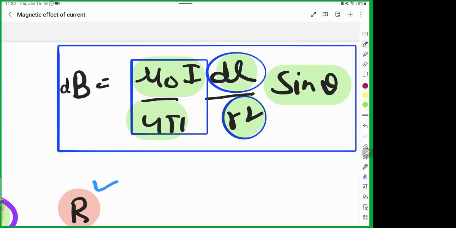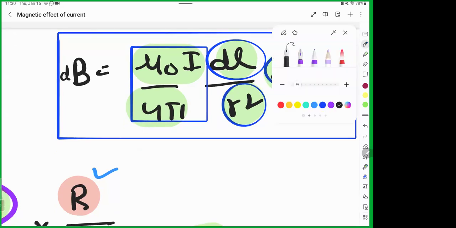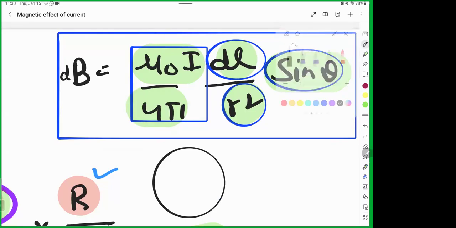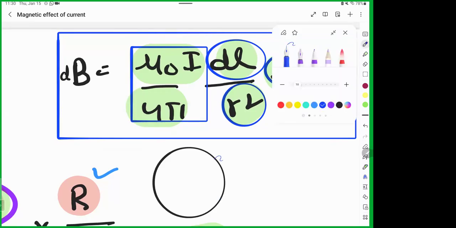Take a ring like this and consider a small segment of it, and calculate the dl. What value? The radius of the ring is r.